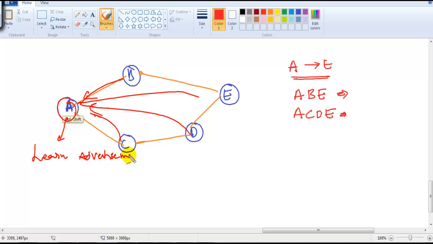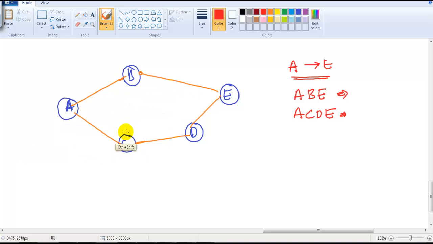So in static routing, the administrator has to manually tell about this network, and only then will router A come to know. But in dynamic routing, the router automatically learns about the other networks dynamically. How is it going to do that? Through advertisements. It learns about the other networks through advertisements.